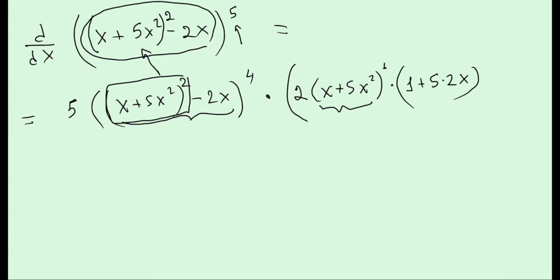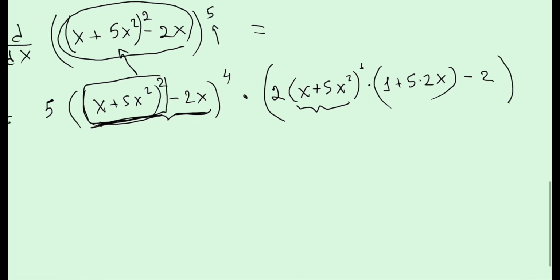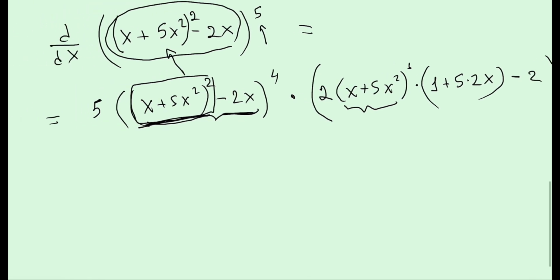Now, we just derived this part. Now we need to derive this part. That's going to be minus 2. That's it. We just derived the outside and we derived the inside.